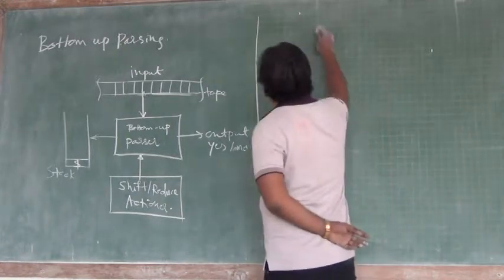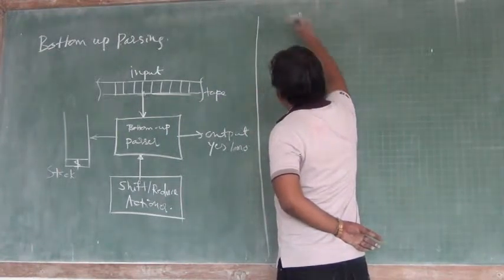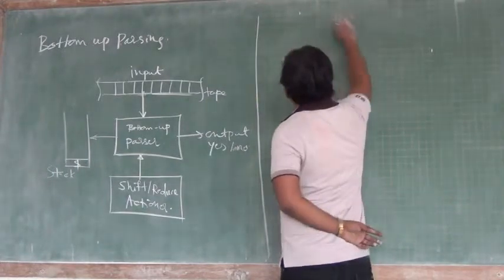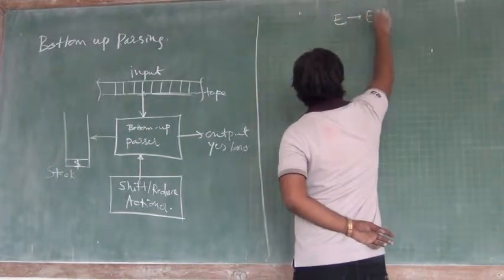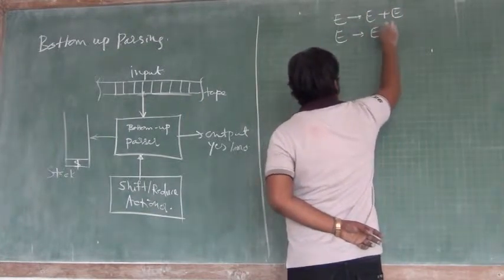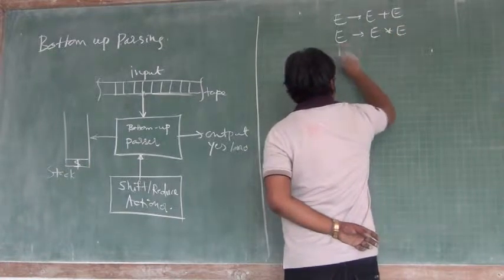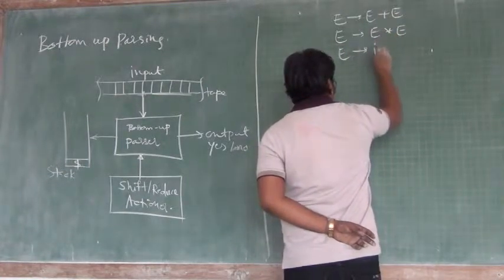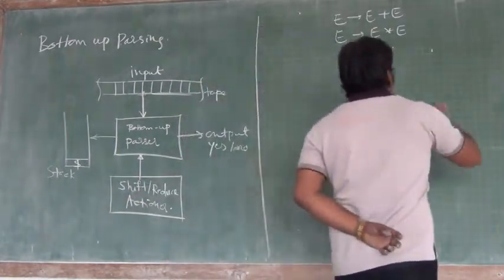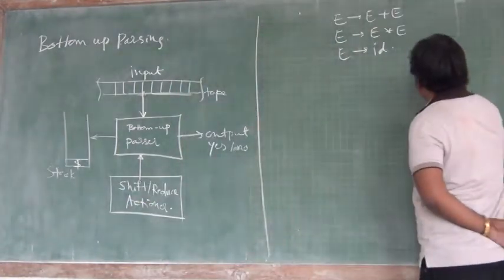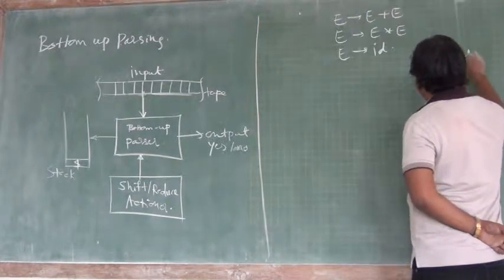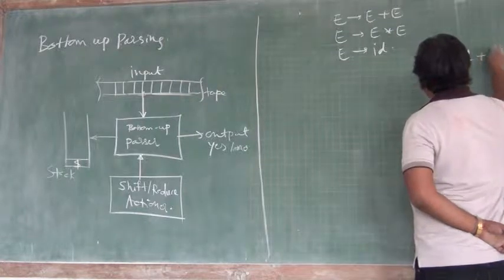We consider a grammar, the similar grammar exactly we have seen in the previous top-down parsing, that is E implies E plus E, E implies E star E, and E implies id. And the string here I consider, as in the previous case, id star id plus id.